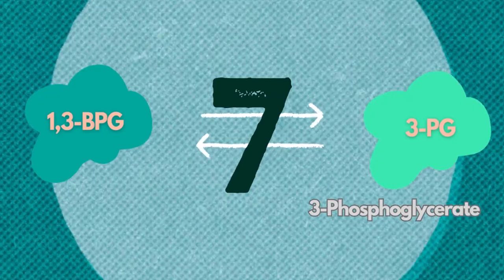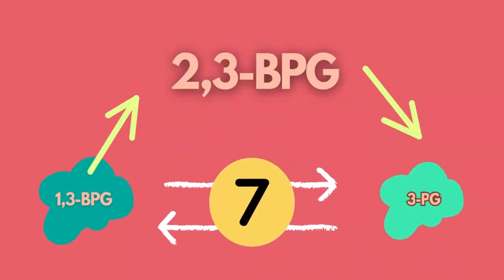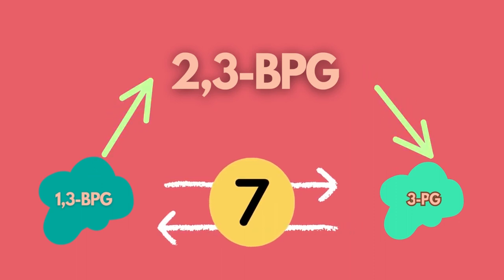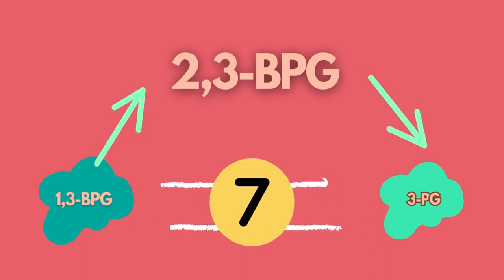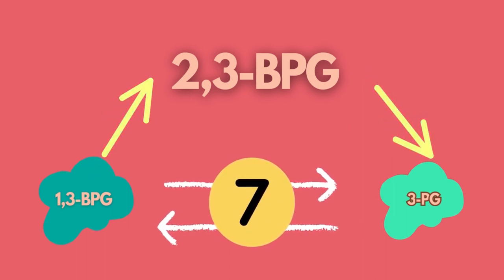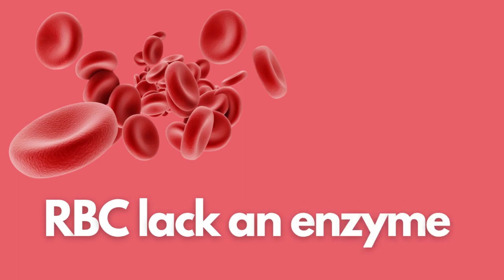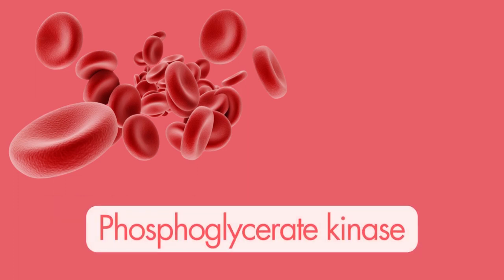But in RBCs, it takes a detour via 2,3-bisphosphoglycerate. That means there is no direct conversion of 1,3-bisphosphoglycerate into 3-phosphoglycerate, but it takes a detour via 2,3-bisphosphoglycerate because of the lack of the enzyme phosphoglycerate kinase in the RBCs.